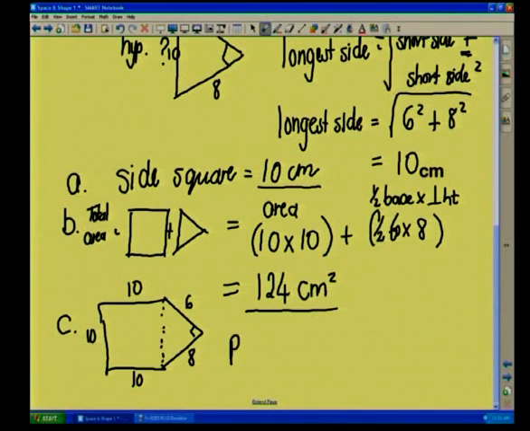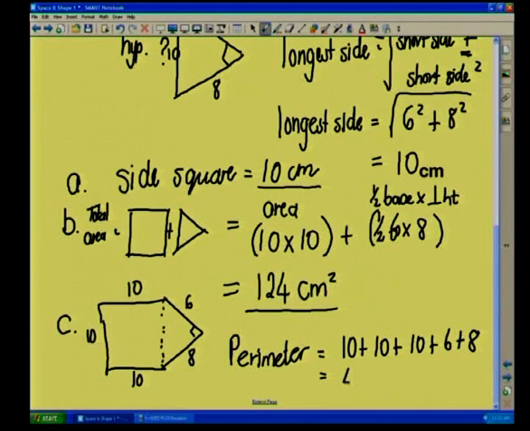So my perimeter is equal to the 10 plus the 10 plus the 10 plus the 6 plus the 8. So that should give me an answer of 10 plus 10 plus 10 is 30, 36 plus 8 is 44 centimeters, because we're working in centimeters.